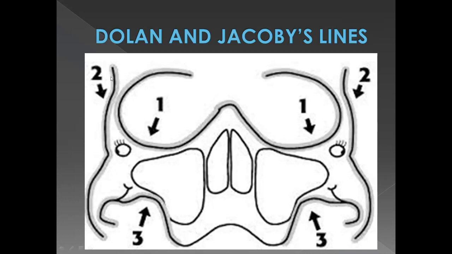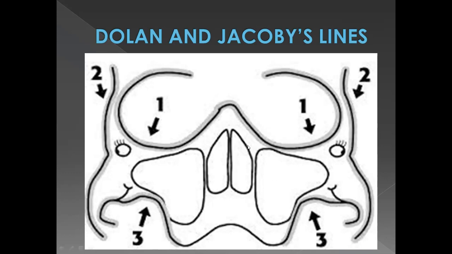Line 2 is the zygomatic line. As you can see, it passes from the FZ suture to the superior border of the zygomatic arch. Line 3 passes through the inferior border of the zygomatic arch and the inferior body of the zygoma, as well as the maxillary sinus or the zygomatico-maxillary buttress over here. This is line 3.